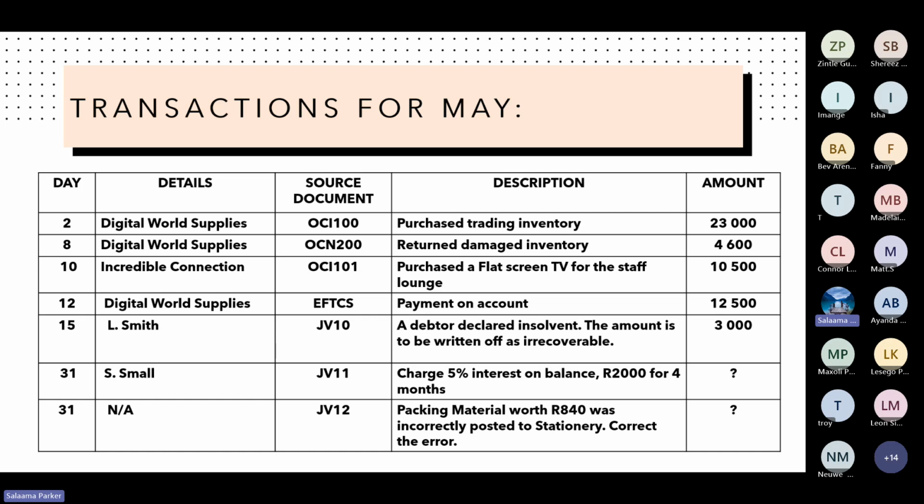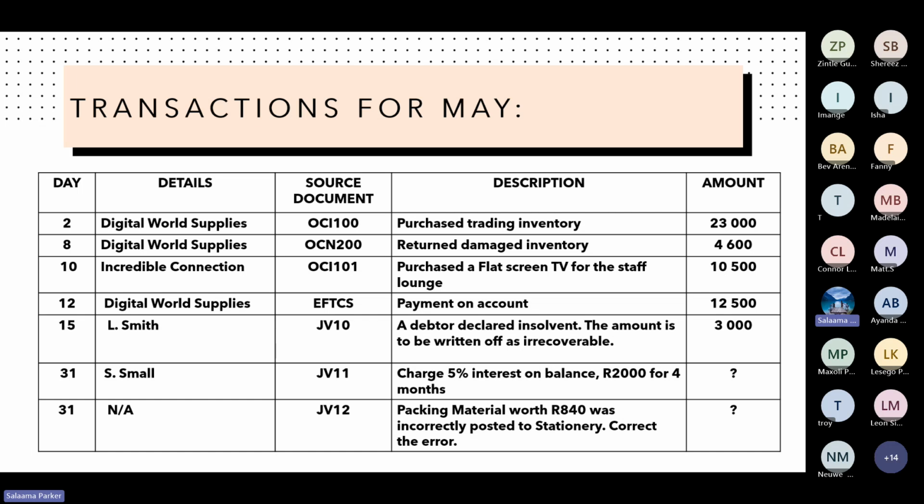Okay, so that's a cash payment. So this will go to your creditors journal. OCN, original credit notes, that will go to your CAJ. And now the EFT one, that one will go to your cash book payments, right?